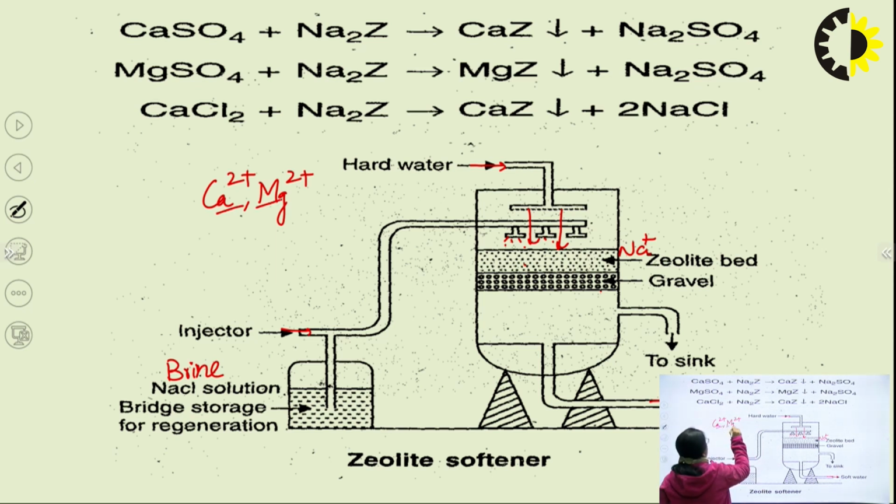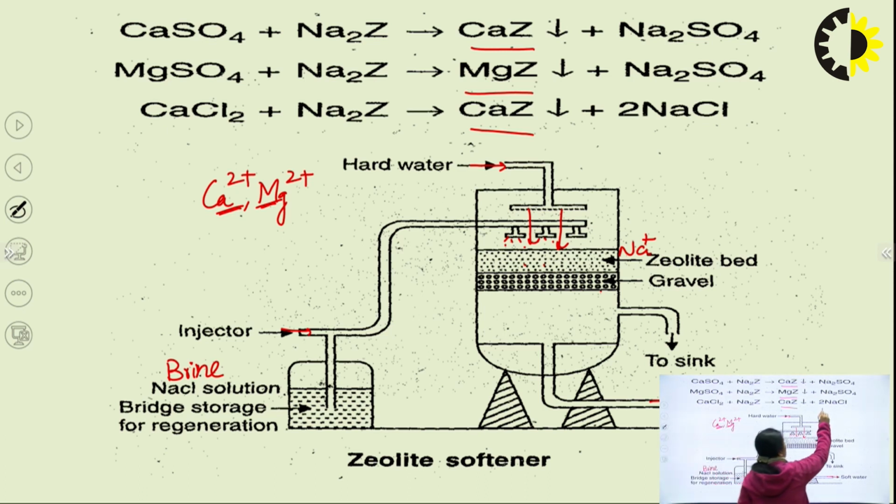These calcium and magnesium ions get fixed into the zeolite bed, and an equivalent amount of sodium ions move out into the water.